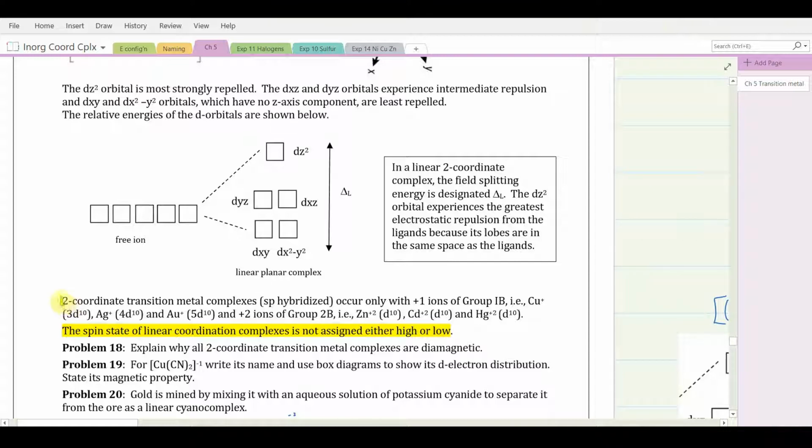These two-coordinate transition metal complexes, which will be sp hybridized with 2 bonds, only occur in the +1 ions of group 1B, such as copper(I), silver(I), or gold(I), which conveniently all have 10 d electrons. And they occur in +2 ions of group 2B, such as zinc(II), cadmium(II), mercury(II), which also have 10 d electrons.